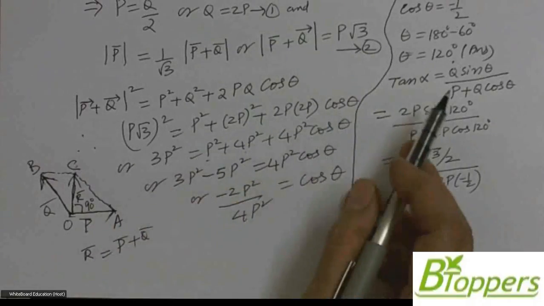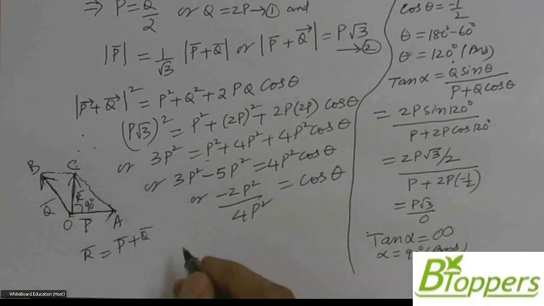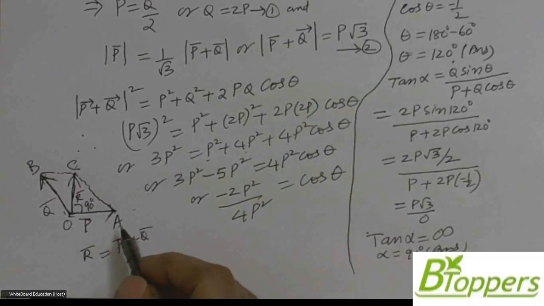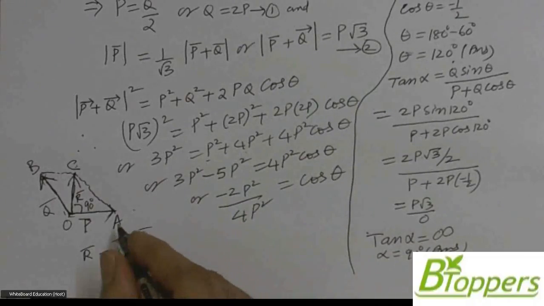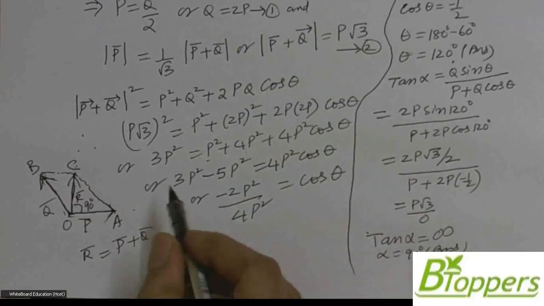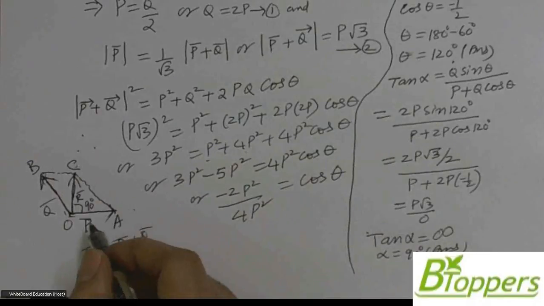Here we got theta as 120 degrees. So theta is the angle between P bar and Q bar. That means angle BOA is 120 degrees. And alpha is 90 degrees. That means angle COA is 90 degrees.